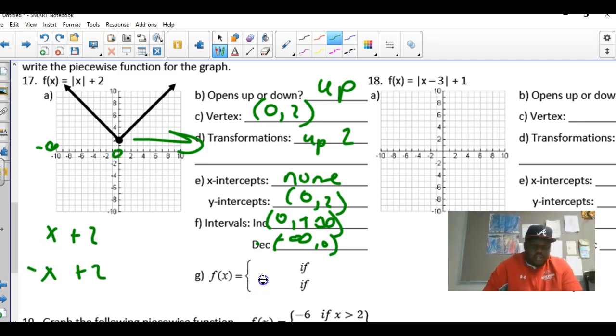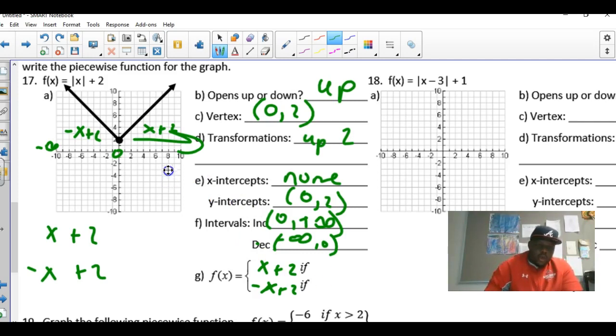Those are our two functions, x plus 2 and negative x plus 2. Now we just identify which way it's going. Negative x plus 2 is this way, left. And this way, right, is x plus 2.